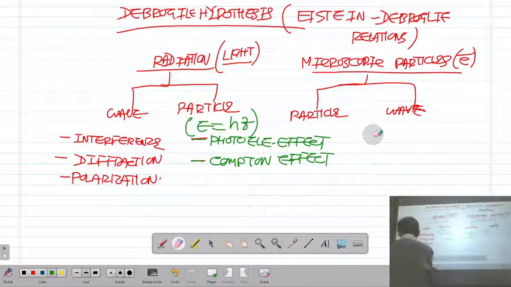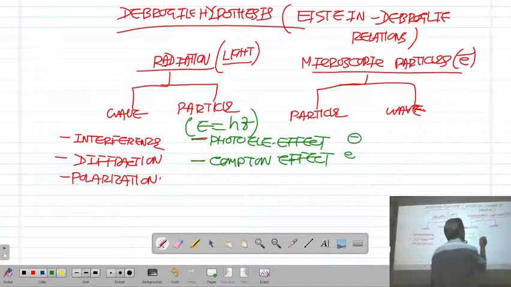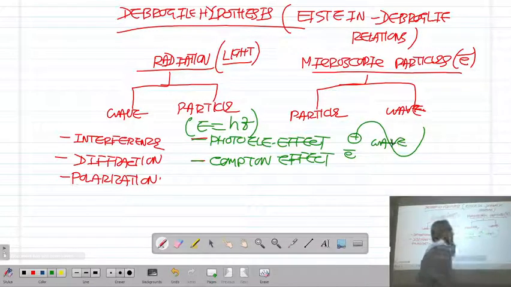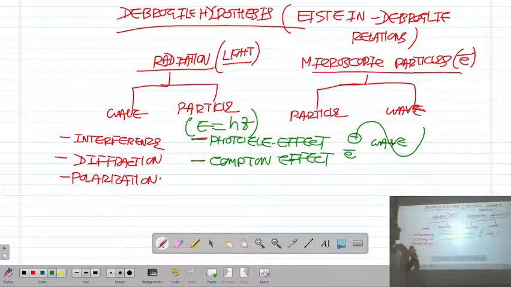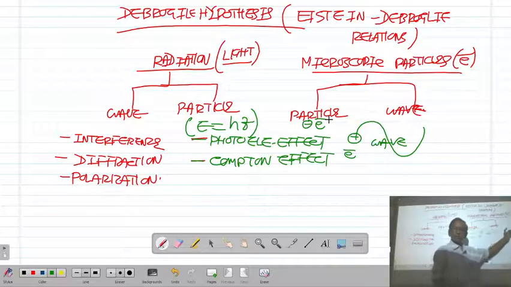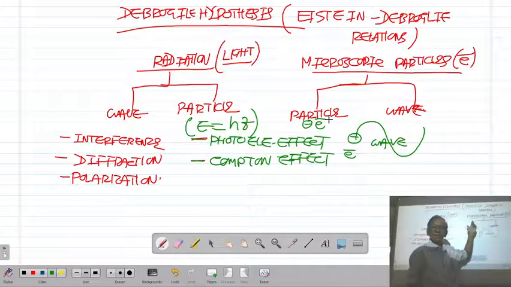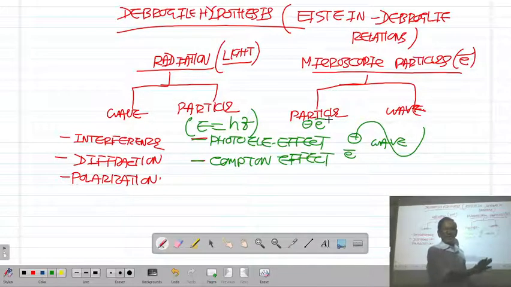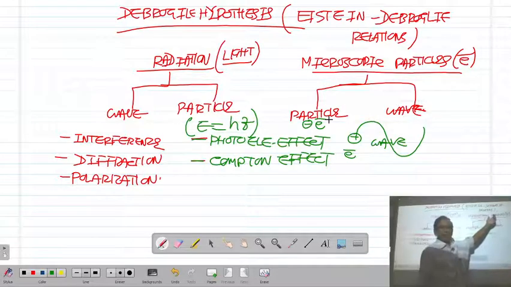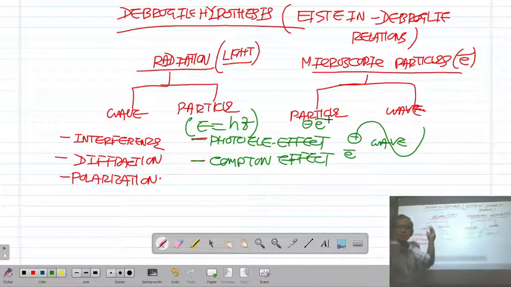So in some experiments it exhibits its wave nature. So radiation and a microscopic particle like the electron have a dual nature, wave nature and particle nature. That you have studied, right?